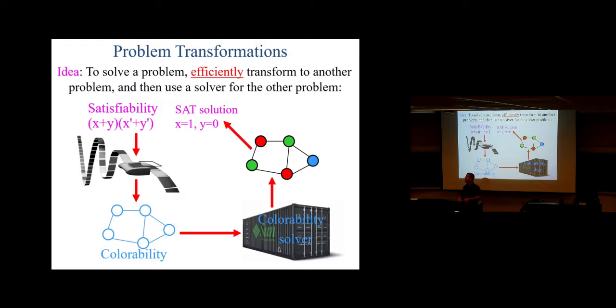I will show that later. It's a complex proof. I'm just showing it notionally. I'm not saying that this graph corresponds to this formula. The real transformation for these two problems, satisfiability and graph colorability, is much more complicated than I can fit in this one slide. So I decided to show it to you generically and abstractly for now.